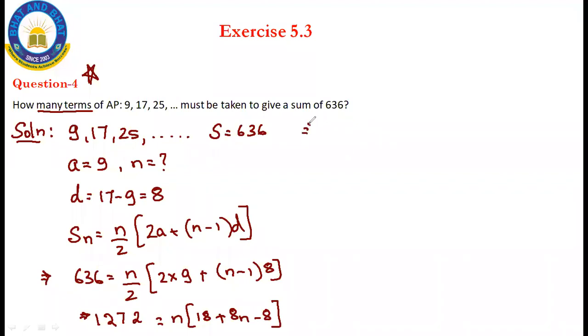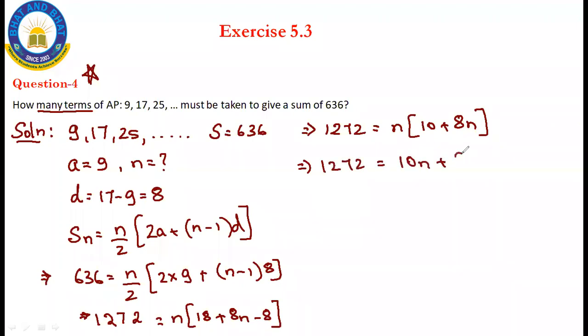So that implies 1272 is equal to, let me say, 18 minus 8 is 10, plus 8n square. So 1272 is equal to 10n plus 8n square. Now what do you do?